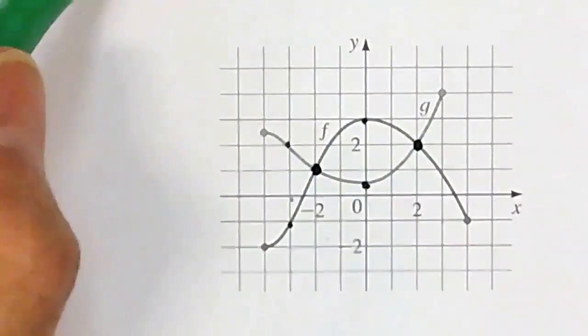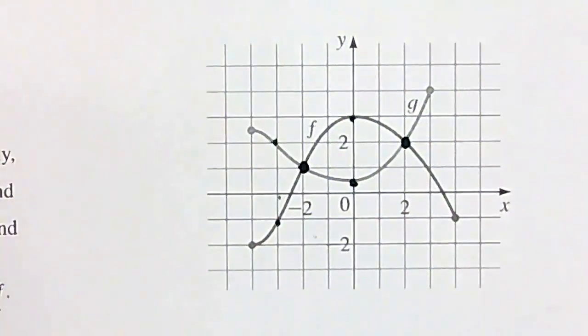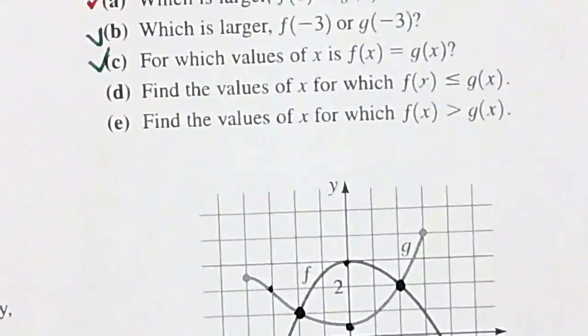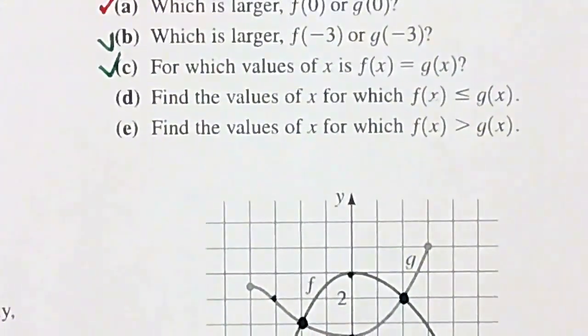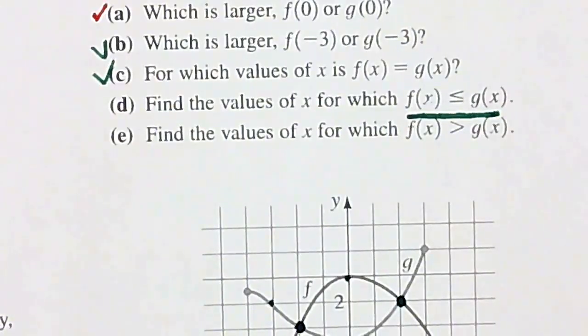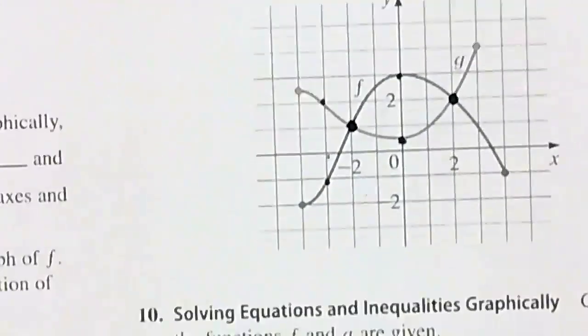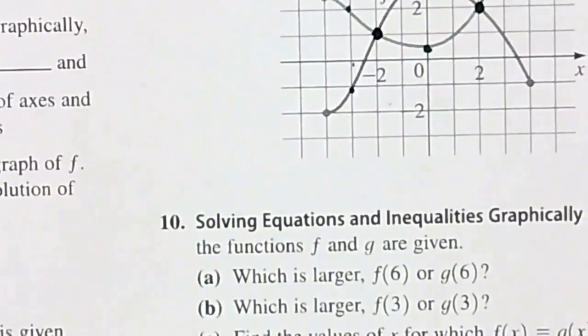So we did B and C. Part D says find the values of X for which F of X is less than or equal to G of X. Okay, so we're trying to get this. Where is F less than or equal to G of X?